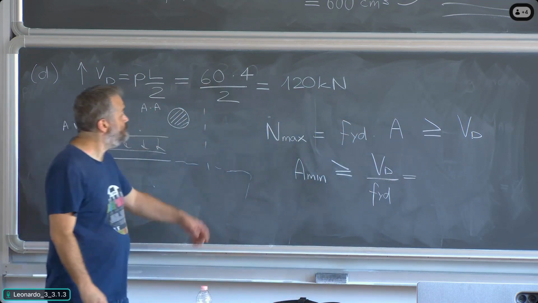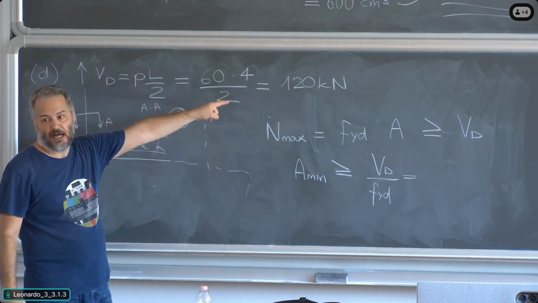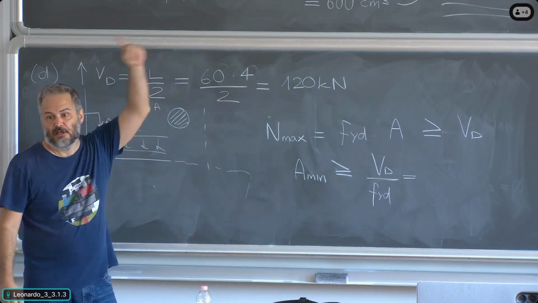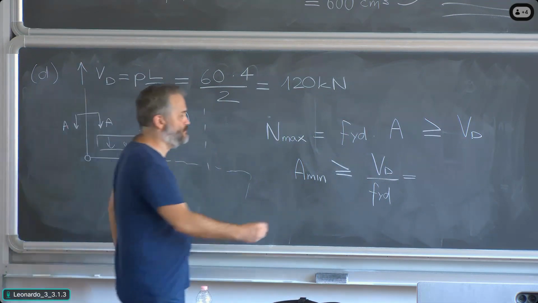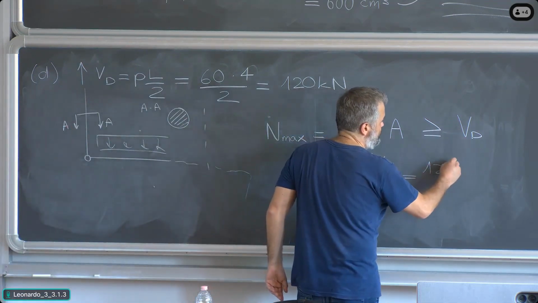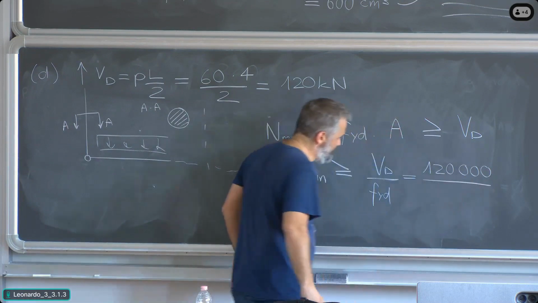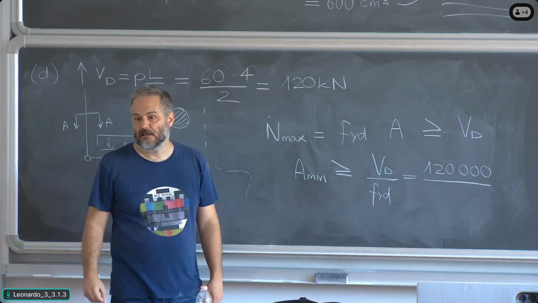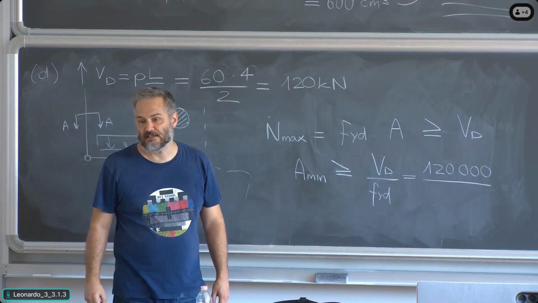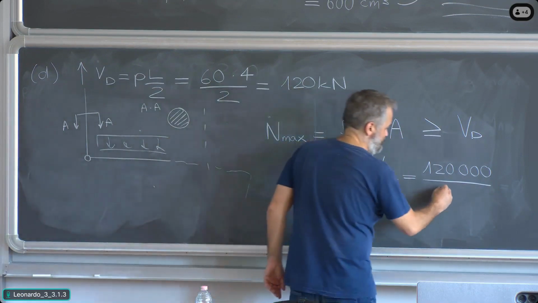What is Vd? Here, 120 kilonewtons. Again, put it in newtons: 120,000 divided by fyd, the design yield strength, 200.